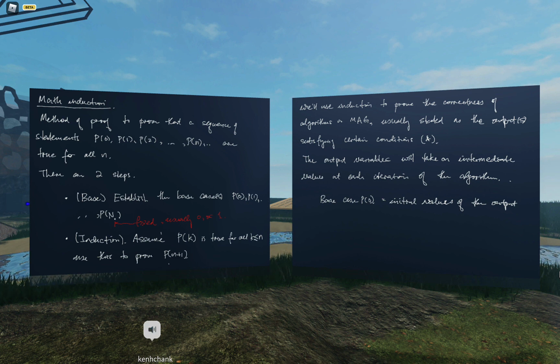So the initial values of the output variables satisfy condition star. And as I said, if you've written computer programs before, when you initialize values, most of them are going to be 0. Some of them are not, obviously, and so it's very easy to check, right? P0 is just basically saying, of course, I look at this, it satisfies the formula or the conditions that I need this to satisfy.